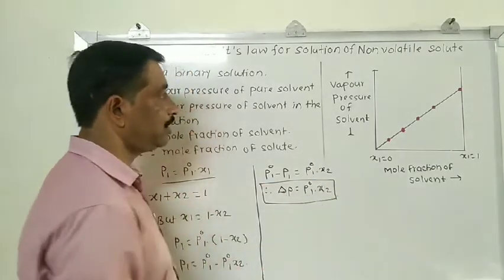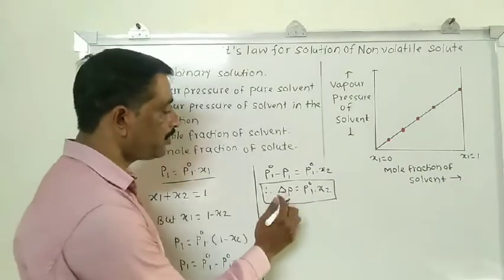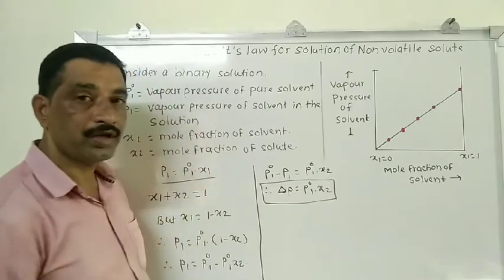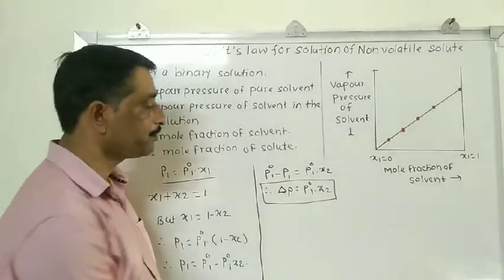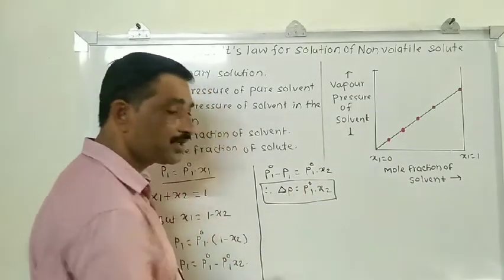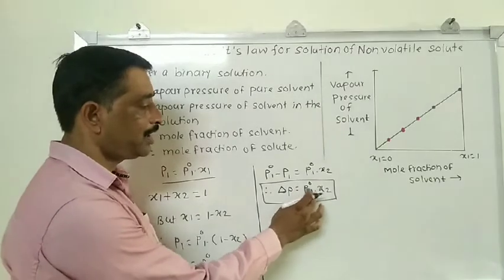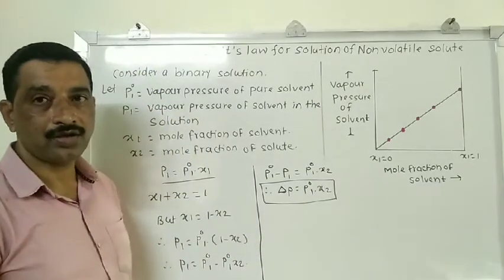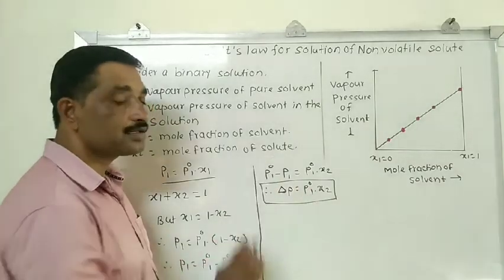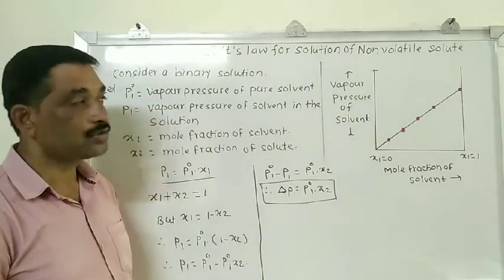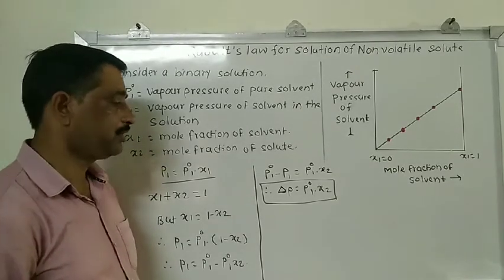So according to Raoult's law, for a solution of non-volatile solute, the lowering of vapor pressure of a solution which contains non-volatile solute is equal to the multiplication of vapor pressure of pure solvent and the mole fraction of solute in the solution. So this is the statement of the Raoult's law for the solution which contains non-volatile solute.